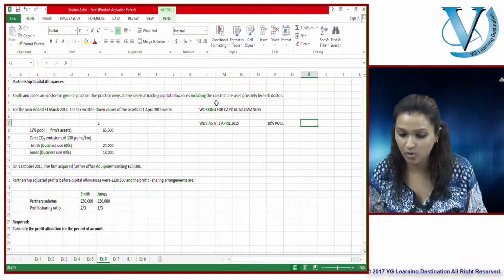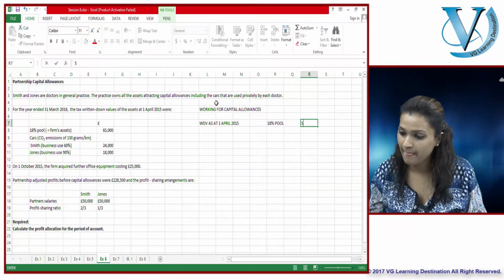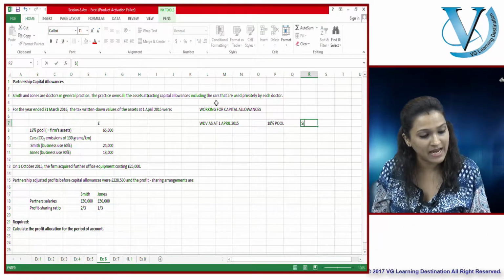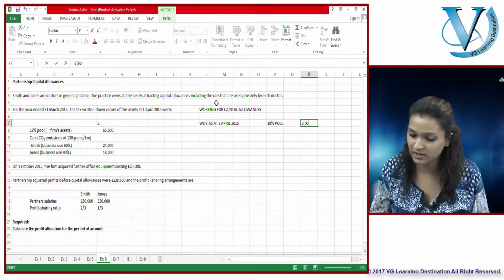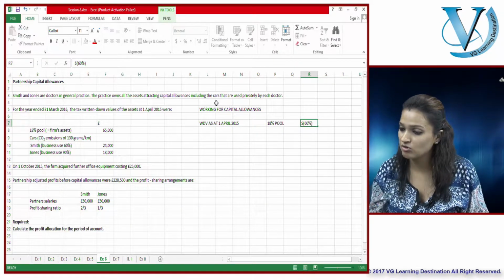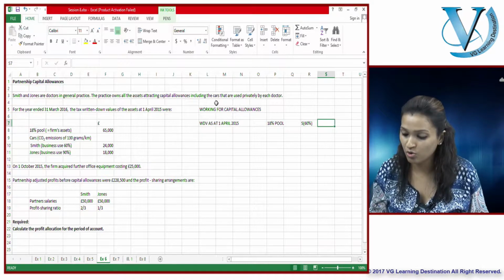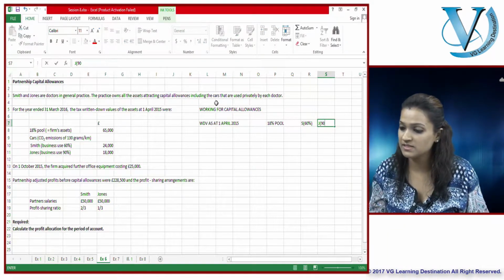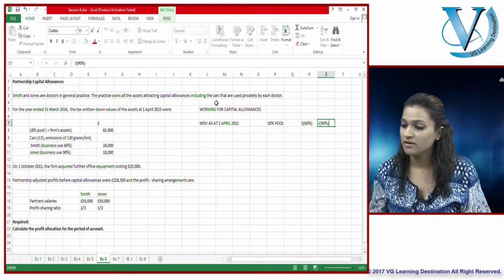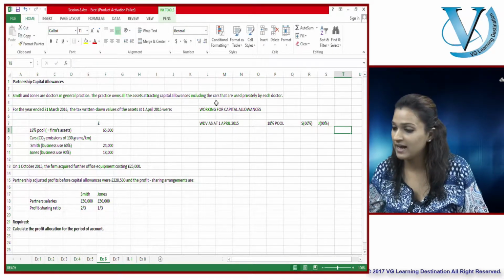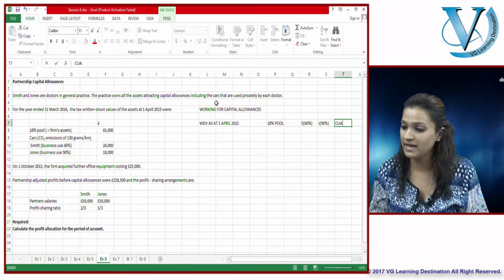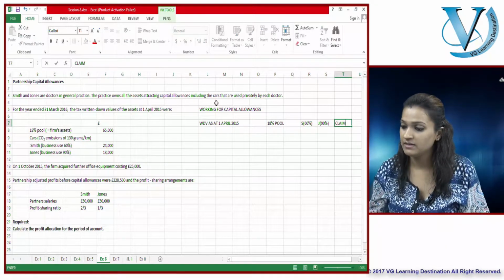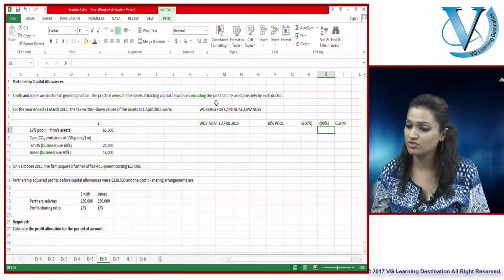First, there is a car owned by Smith, which has a 60% business use. And there is also another car owned by Jones, which has a 90% business use. Right? So I have these, and I am also going to prepare a column for my claim section as to how much I am claiming as capital allowances.